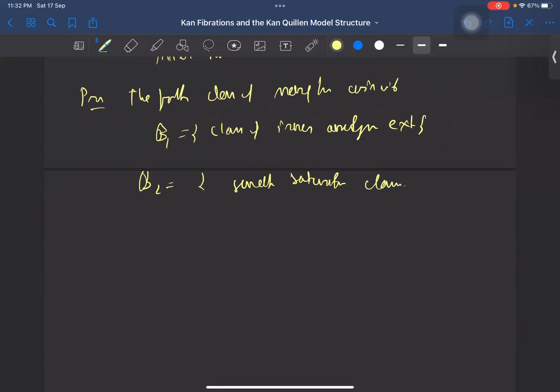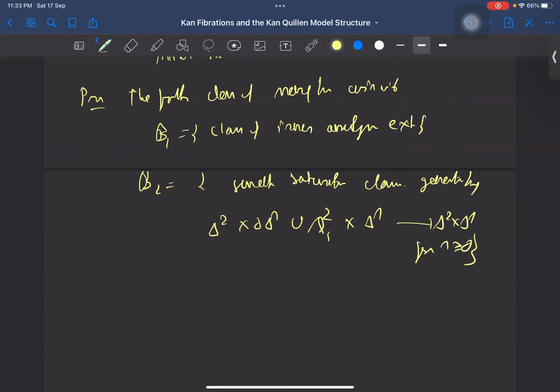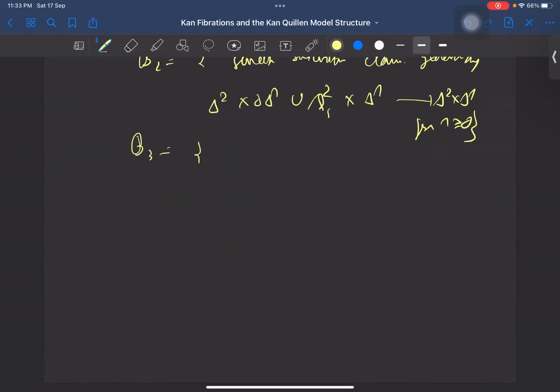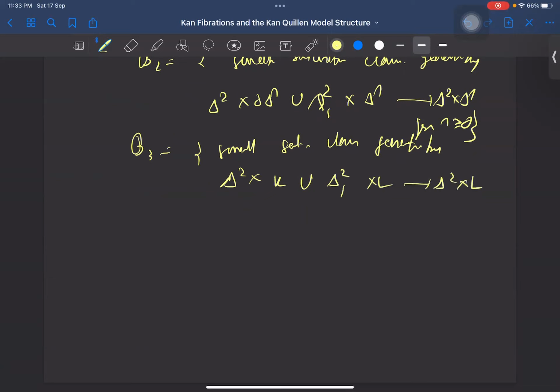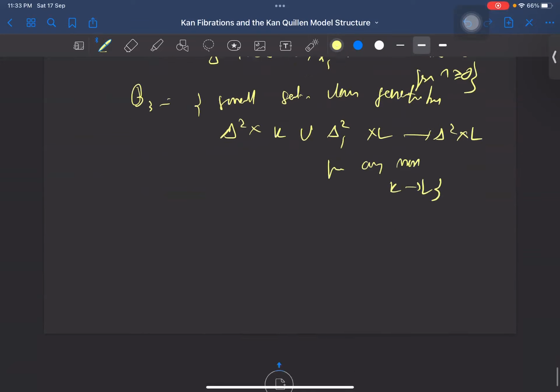The second one is the smallest saturated class generated by these. The third one is again the smallest saturated class generated by these. Define what K and L are for any monomorphism, so you just have a monomorphism.